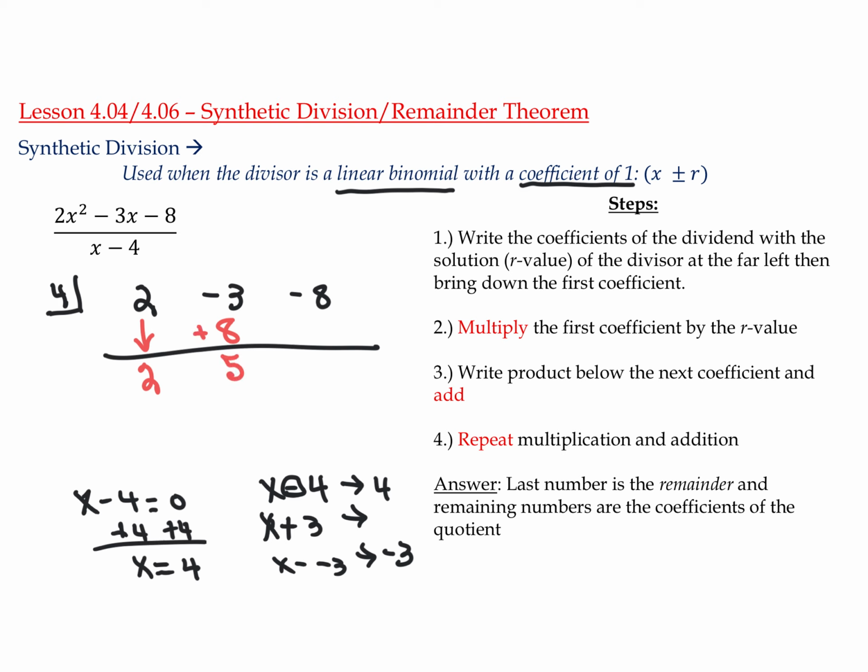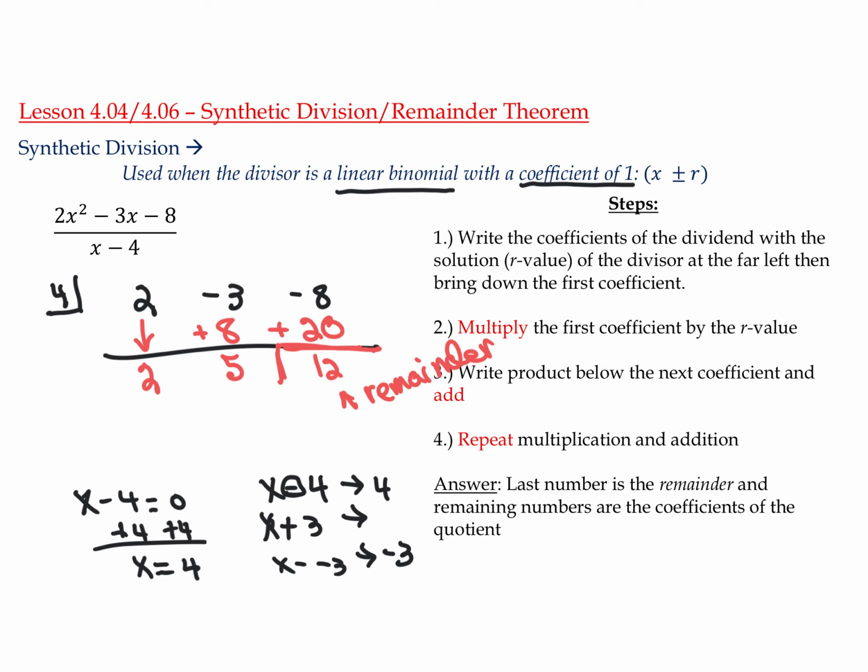We repeat the process. We multiply 5 times the divisor 4. 5 times 4 is 20, and we add to get 12. I'm going to place the number 12 in a box on the right-hand side because that is always going to be the remainder.